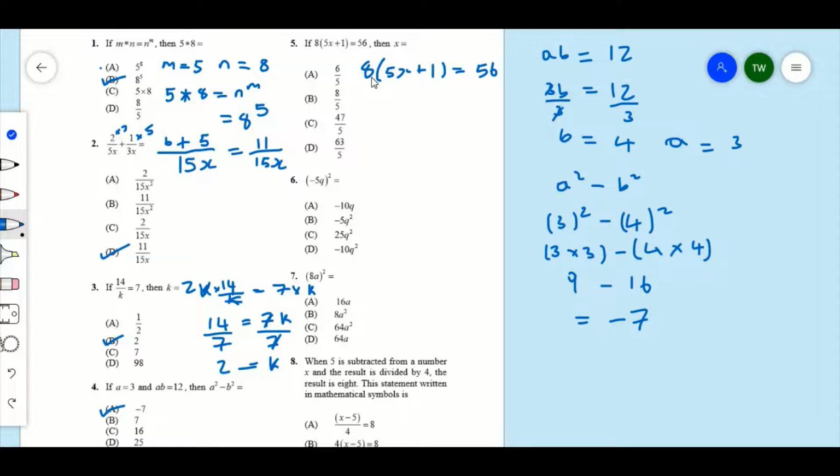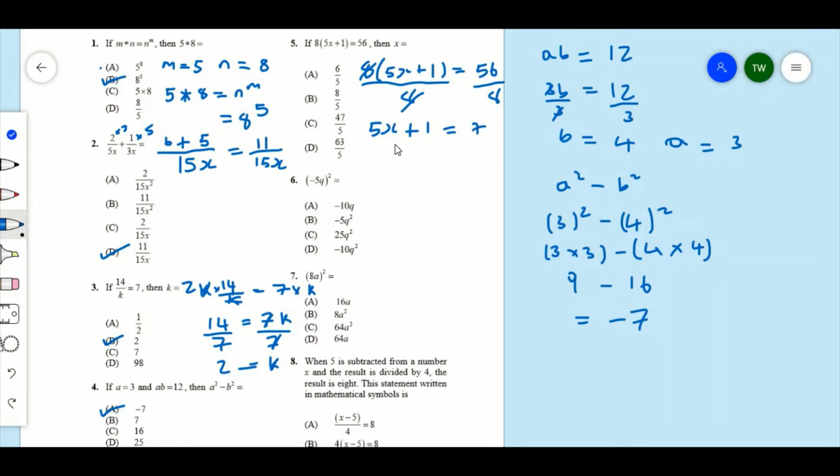You can distribute this 8 to each term, but it would be much easier to divide both sides by 8, since 8 is multiplying everything inside of the bracket and we want to get rid of the 8. Then we're going to divide both sides by 8. So 8 will cancel out 8 here. So what we're left back with is 5x plus 1 is equal to 56 divided by 8, that's going to be 7.